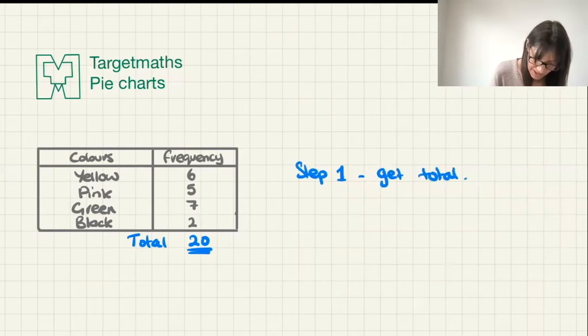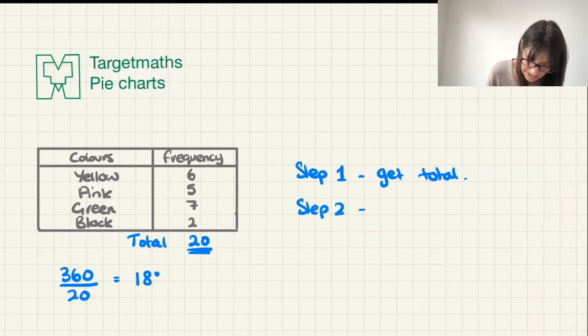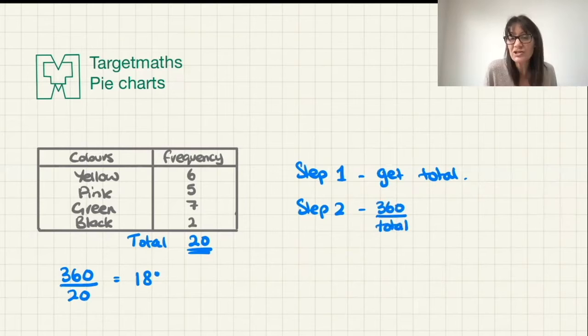Okay. I then take my circle of 360 degrees and I work out how many each individual gets. So 360 divided by 20 is going to give me 18 degrees. So step 2 is always 360 divided by whatever the total is. That's going to change whatever question's total is.